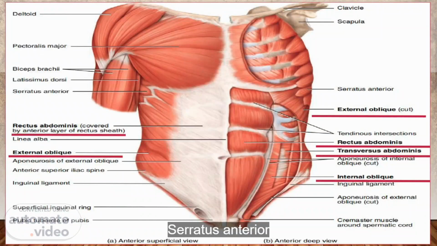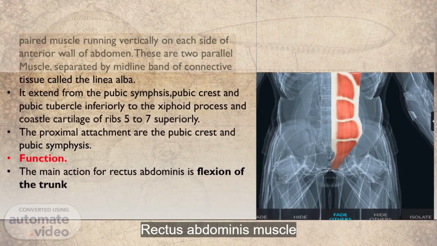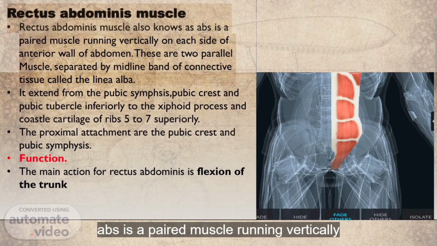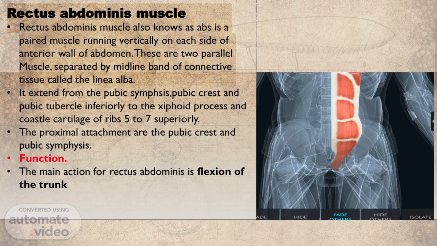Serratus anterior. Rectus abdominis muscle, also known as abs, is a paired muscle running vertically on each side of the anterior wall of abdomen.